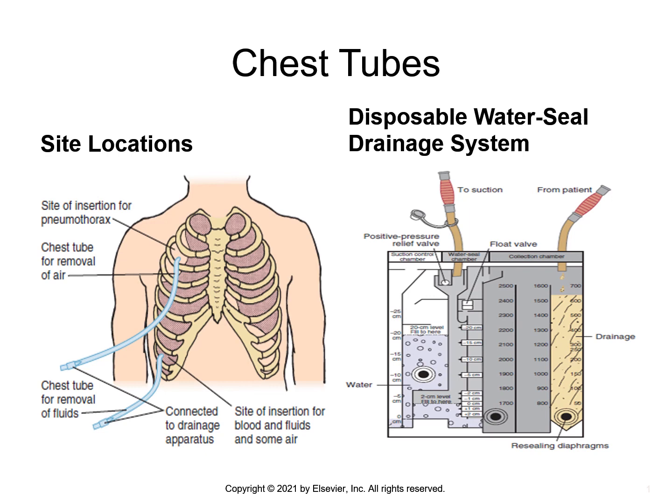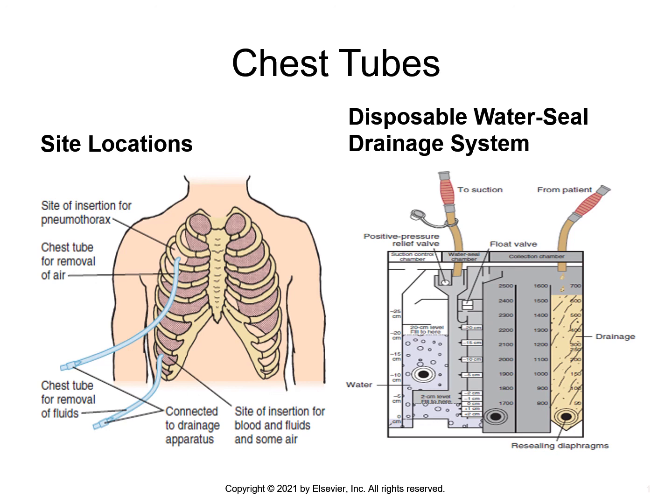The drainage system should provide for drainage of air and blood from within the pleural cavity and allow for gradual re-expansion of the lung by isolating the intrathoracic pressure from the atmospheric pressure. Note that the water in the left-hand chamber serves as a suction control chamber.